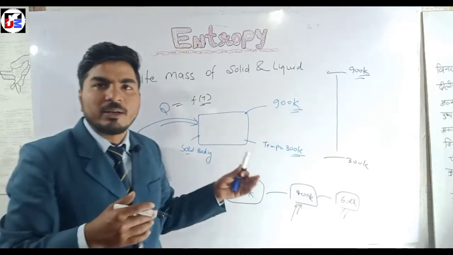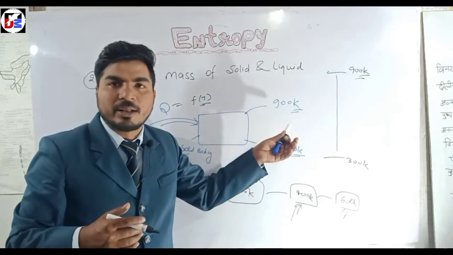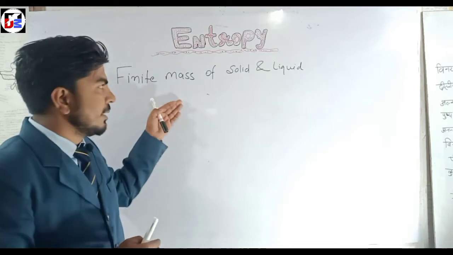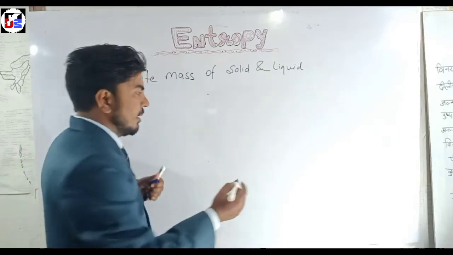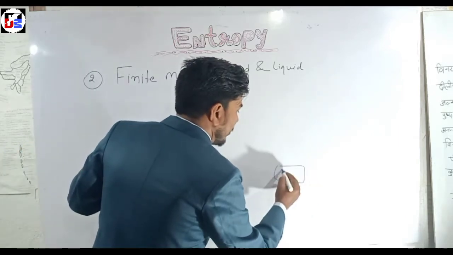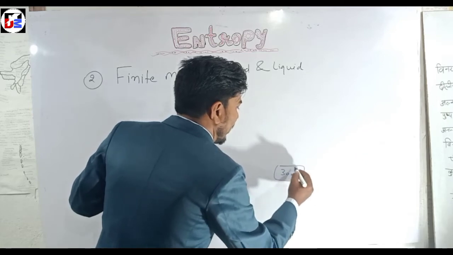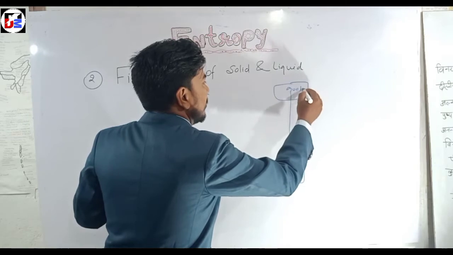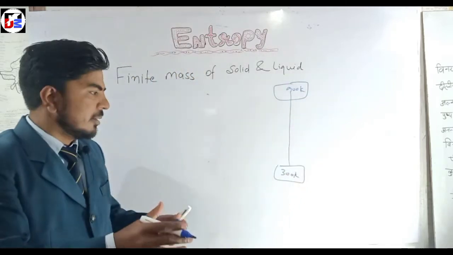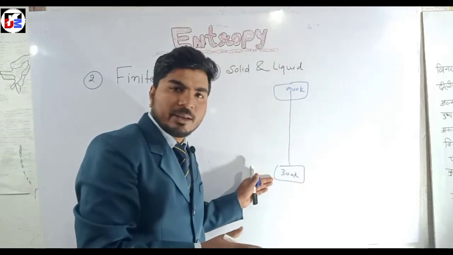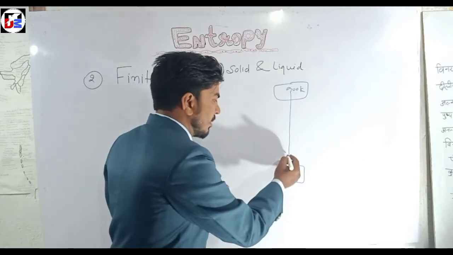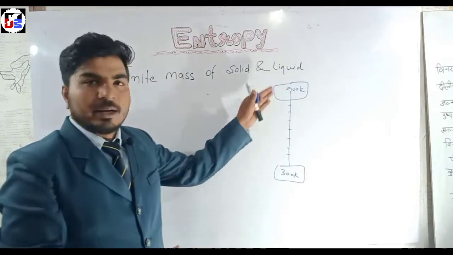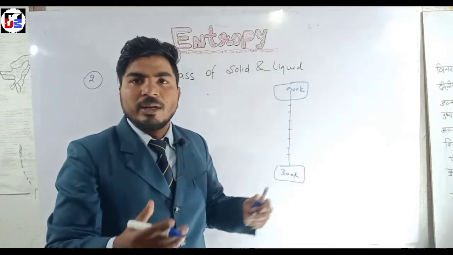Now how do we calculate the entropy change in this process? The body goes from 300 Kelvin to 900 Kelvin. When heat is provided, it is not at one particular temperature, 300 Kelvin; it increases step by step until it reaches 900 Kelvin. So how do we calculate?